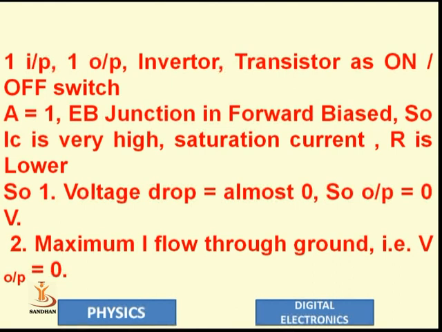If the emitter-base junction is forward biased, then the collector current IC is high, so we are able to move this transistor into saturation. So the resistance is lower, and the voltage drop is almost zero. So we can say that the output given by the transistor is almost zero.